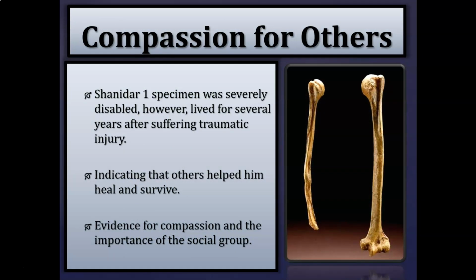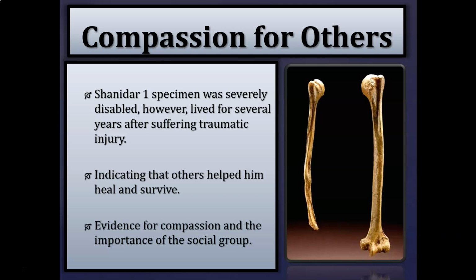So there is evidence that Neanderthals showed compassion for one another. This is a famous fossil that's associated with the Neanderthals. This is Shanidar 1 specimen, and you can see the humerus, the right humerus, is heavily atrophied. However, it is healed, so it indicated that this particular individual suffered a traumatic injury and possibly even had his lower arm amputated.